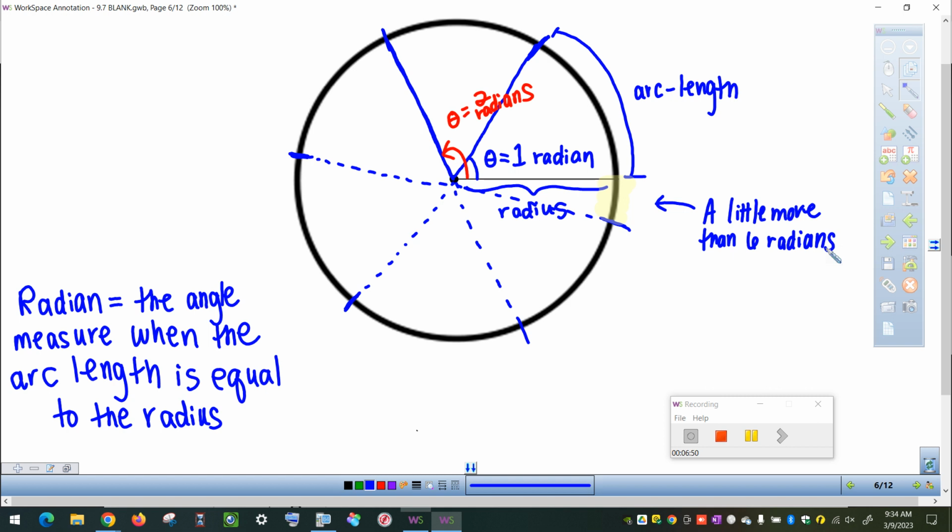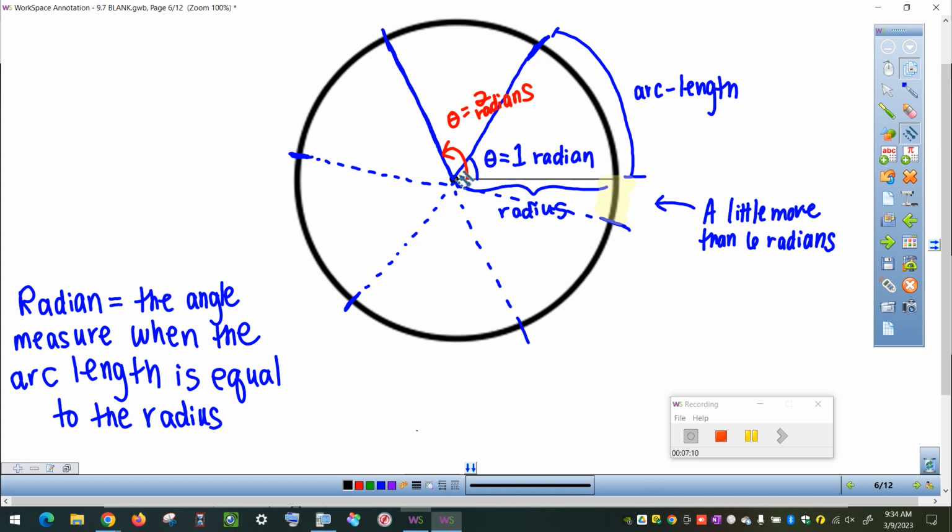So we're going to see if we can work backward just a little bit to understand how many radians it is. If it's a little more than 6 radians, 1 full time around, what I'd like us to think about is the halfway point.